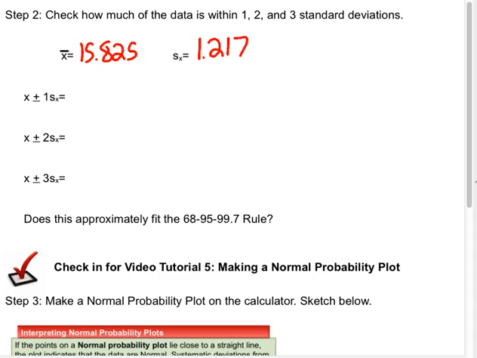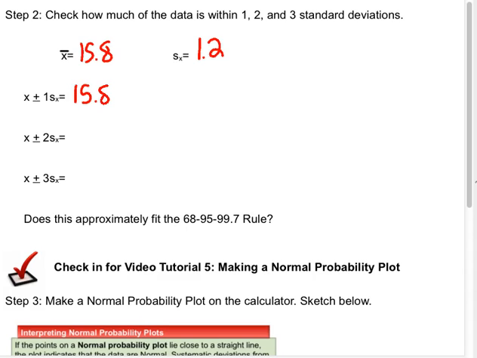All right, now looking at all the data, it only goes to 1 decimal place. So I'm actually going to round these off to have just 1 decimal so our numbers match. Okay, so if I want to know how much data is within 1 standard deviation, first I have to calculate that.